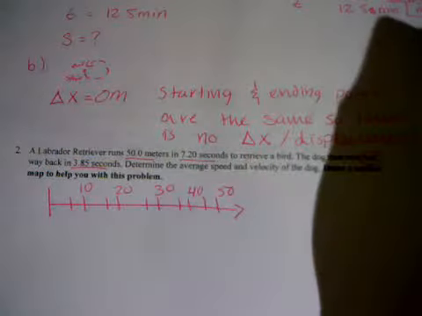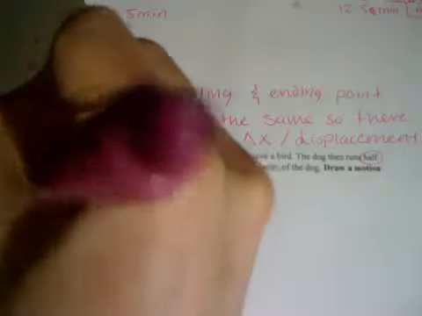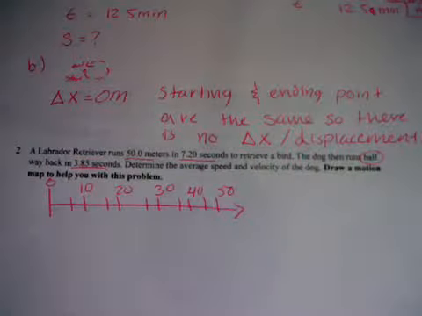Okay, so let's remember 10, 20, 30, 40, 50, starting at 0 here. So if that dog ran 50 meters in 7.2 seconds, then we need to make sure that we're representing that also with our motion map.